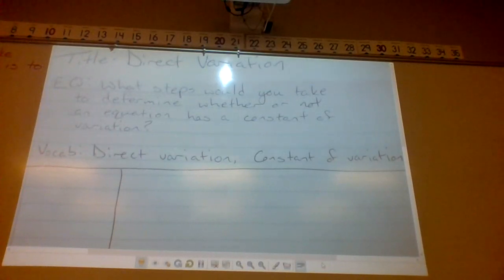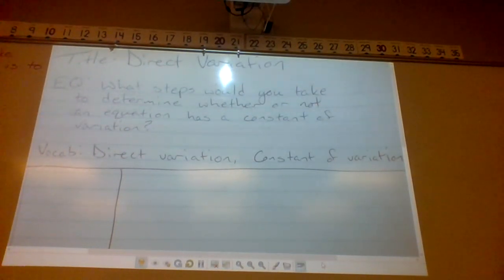What did we work on yesterday? Slope, and what was the title? Constant rate of change. When I say that my classes vary from block to block, that means it changes. Something about it changes from block to block. A variation is very similar to a change.